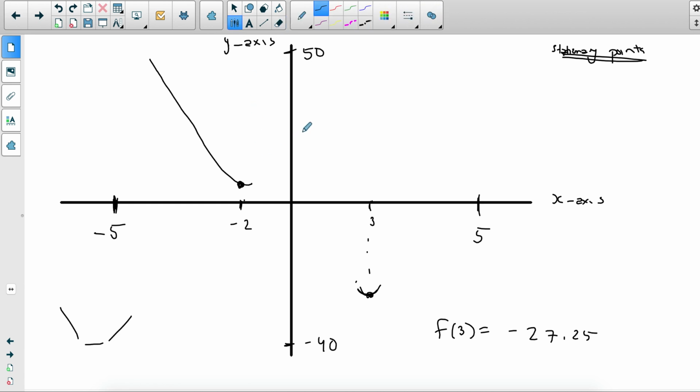Regardless of the maximum, they actually wanted the y-intercept. And the y-intercept is found by substituting f of 0.